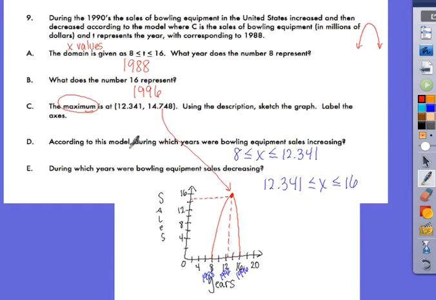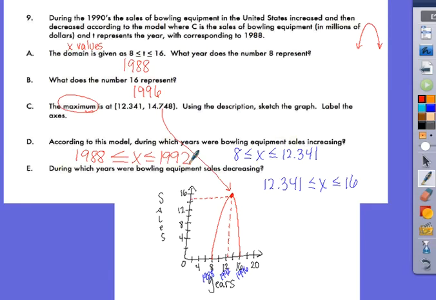So let's just add to our answers. It's increasing between what years? 1988 and 1990. It's a little past 1992, isn't it? But I would say that's close enough because it's not quite to the next year. So 1992.